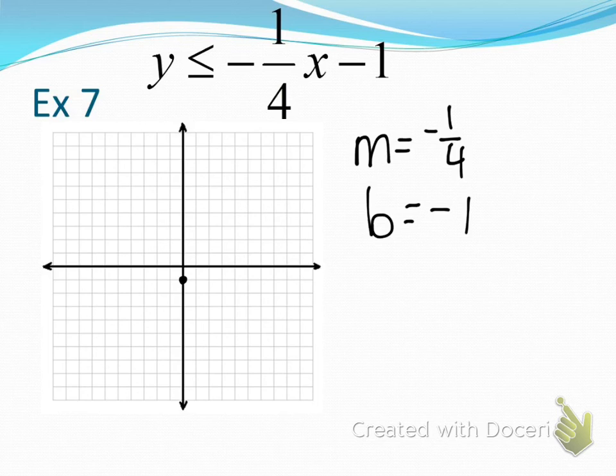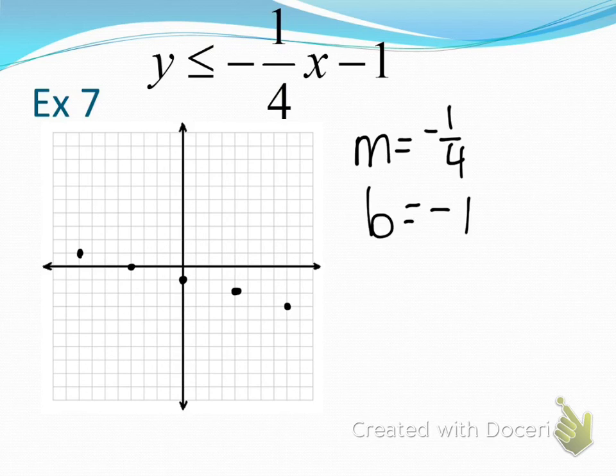Jakeem, where do I go after that? Using my slope. Down 1 over which way 4? Right 4. We can go down 1, right 4. Or we could go up 1, left 4. 1, 2, 3. There we go.